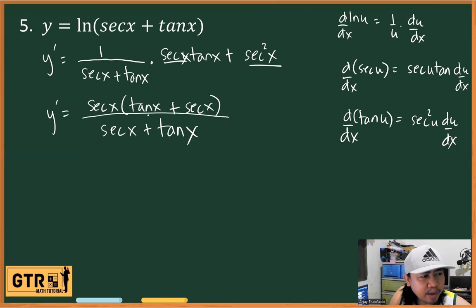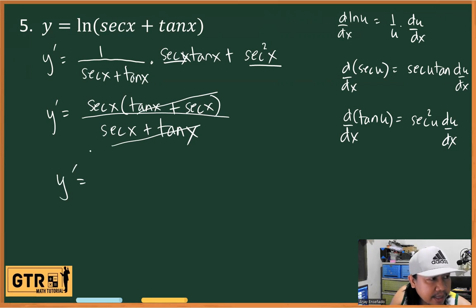As you can see, we have the terms tangent x plus secant x and secant x plus tangent x, which are the same by the commutative property. So we can cancel them out. Therefore, the derivative of ln of secant x plus tangent x is simply secant x. So this is the final answer.